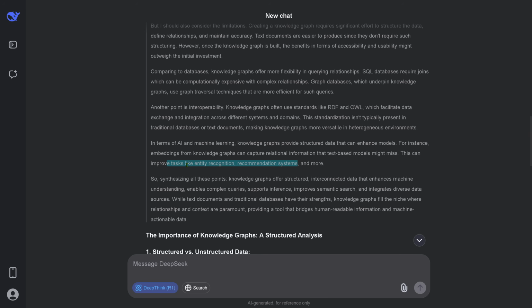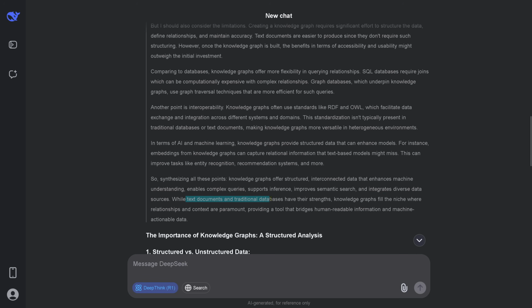So now R1 comes to its own conclusion, which is absolutely amazing for an AI machine. R1 tells me, synthesizing all these points: knowledge graphs offer structured, interconnected data that enhance machine understanding, enable complex queries, support inference, improve semantic search, and integrate diverse data sources.